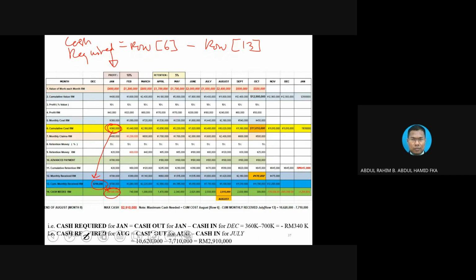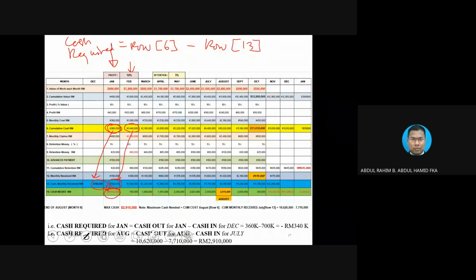Then on the second month, February. Again, we take this amount, 1.44, minus 700,000 again, because the money is already there, since all the values in row number 6 and 13 are cumulative.